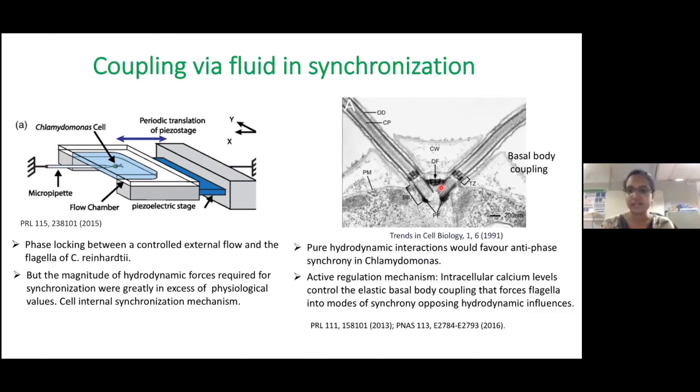And it was also said that this was an actively regulated mechanism because the strength of the distal fibers could be controlled through intracellular calcium level control. So essentially, the conclusion of this set of experiments was that hydrodynamic synchronization was probably not important in the context of biflagellate algae, and there is some cell internal mechanism.